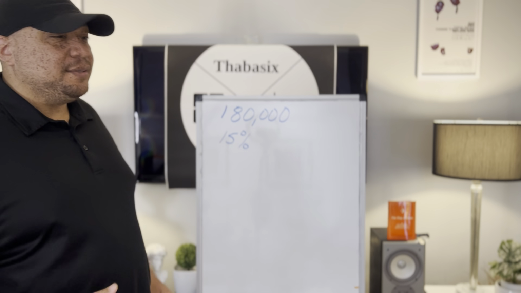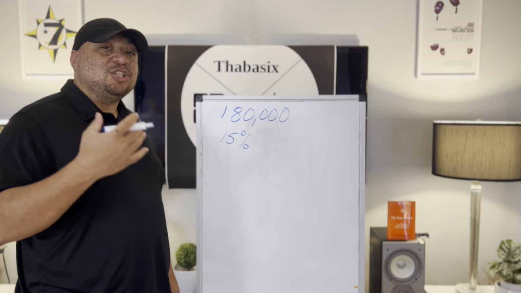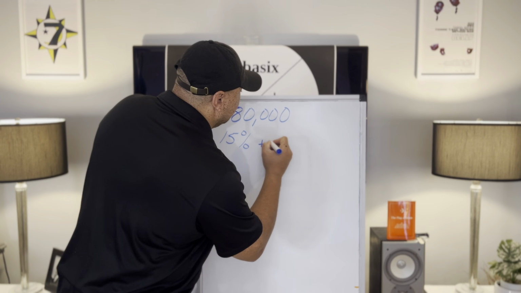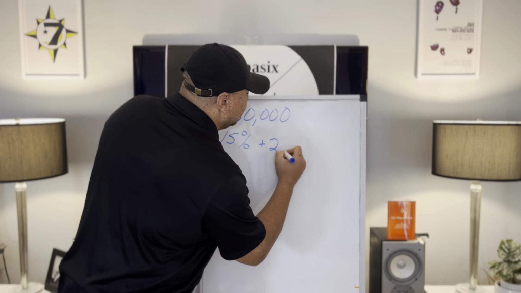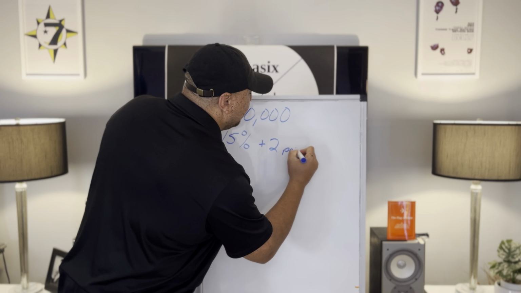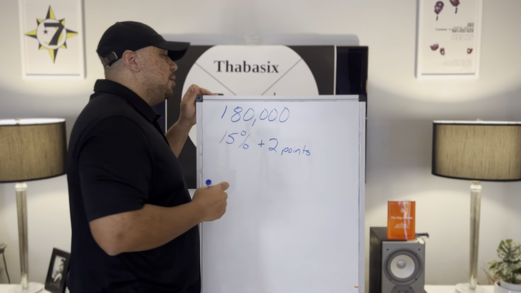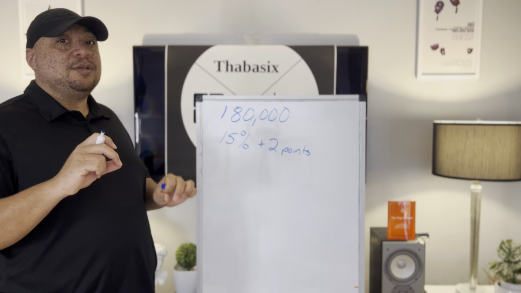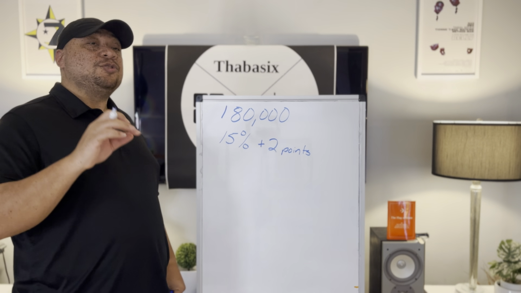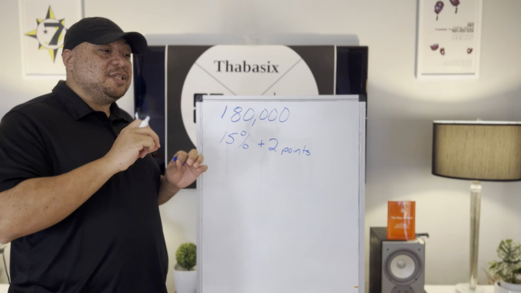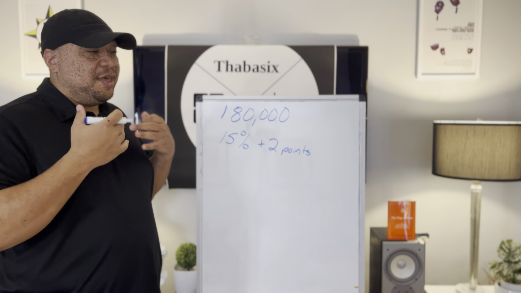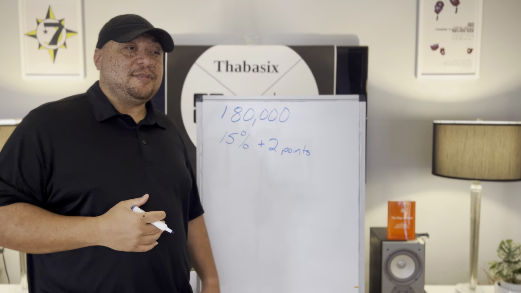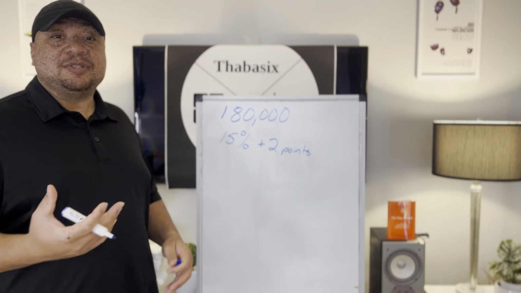What does that mean when someone says the lender is charging 2 points? So I'll say plus 2 points. If you didn't know, 2 points is 2 percentage points. So the end of the question is, what as the buyer were we required to bring to the closing? So that's the way the problem is presented.